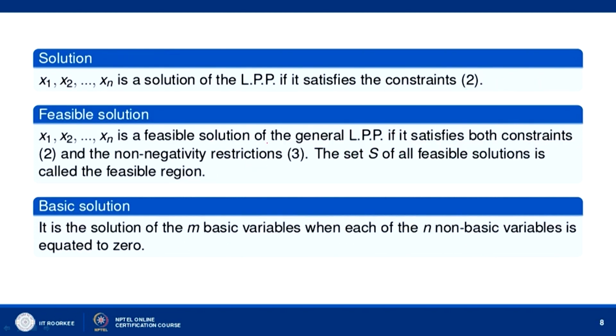Okay. So, x1, x2, ..., xn will be called a feasible solution of the general LPP if it satisfies both the constraints and the non-negativity restrictions. Now, the set S of all feasible solutions is called the feasible region.